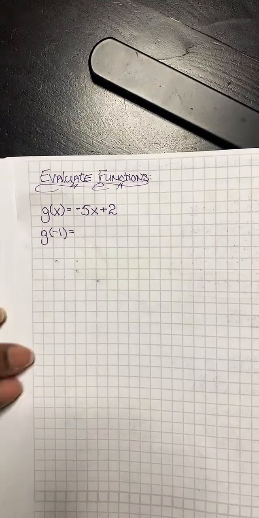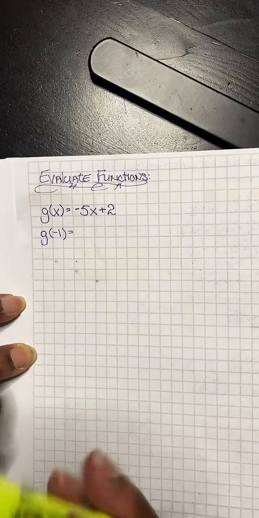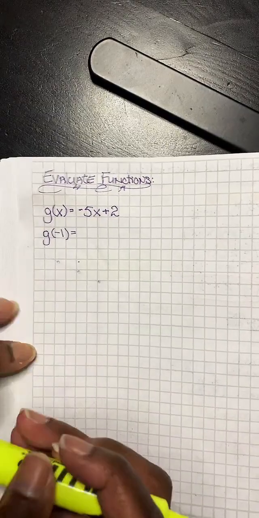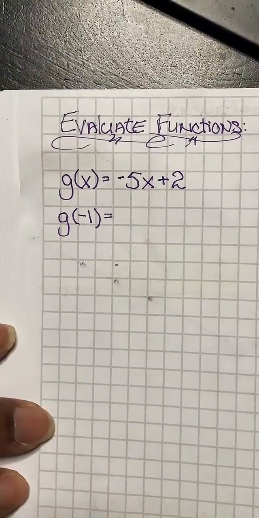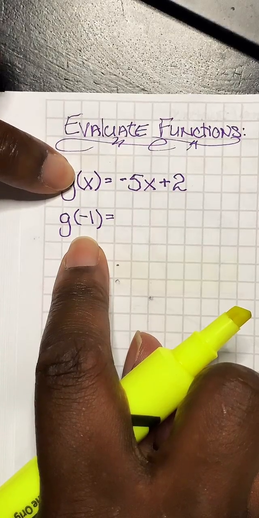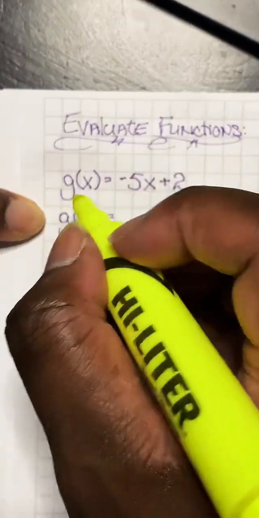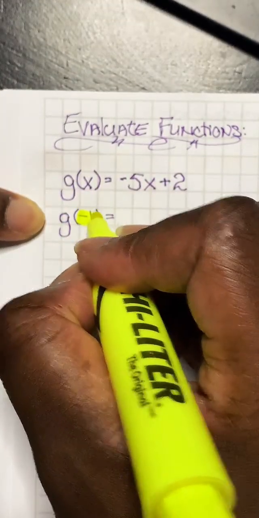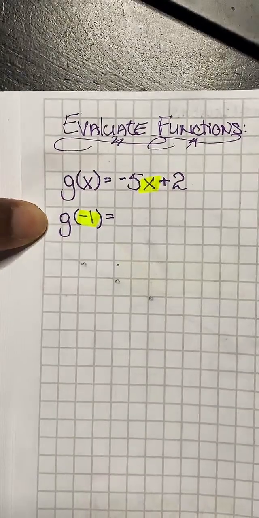So smart. All right, Daniel, how are you? Okay. So all you're doing when you try to solve this, nothing too crazy. This -1, notice it's in the same place as x. So they're telling you in a nice fancy way that they want you to take this -1 and substitute it for the x.